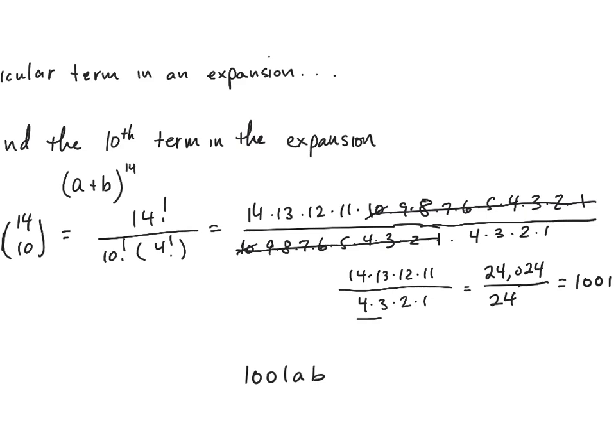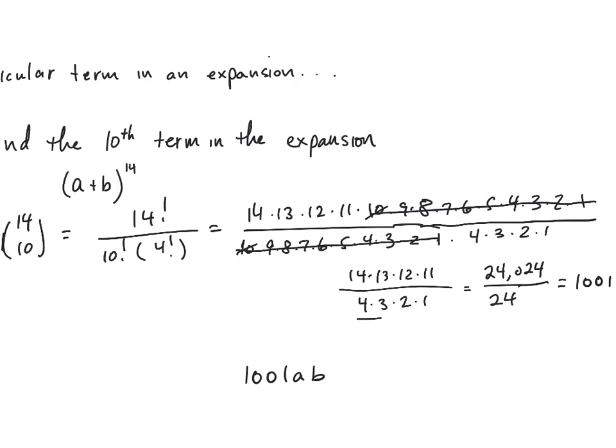Now, isolating a, for example, if this is the 10th term, there are going to be 9 terms in front of it, all with powers of a greater than the power we're looking at. So one simple way to think about this, we could subtract 9 from the original power, which was 14.